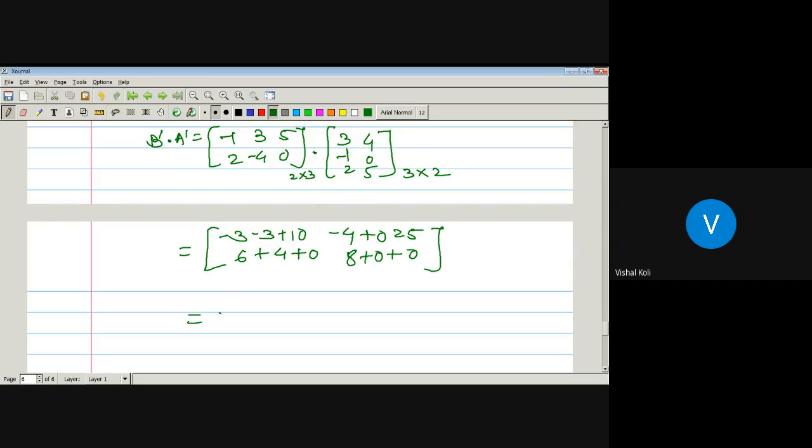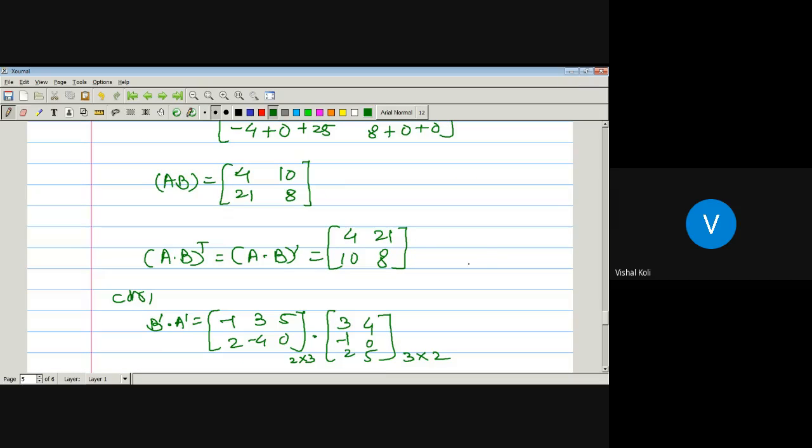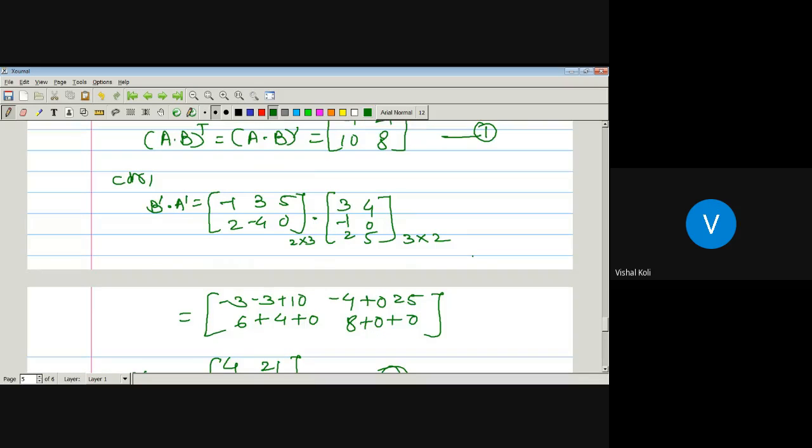So which is equal to -3 + 3 + 10 = 4, and so on. Now take this one as 2 and the above one as 1. Now comparing 1 and 2, both the matrices (A B) transpose and B transpose into A transpose have the same entries, and the corresponding entries in both matrices are the same. Then by the definition of equality of two matrices, (A B) transpose and B transpose into A transpose must be equal.